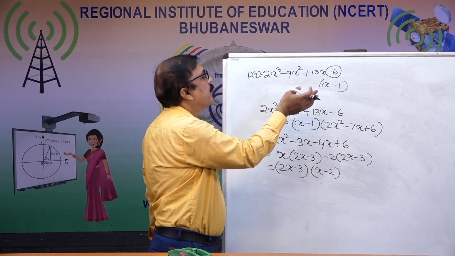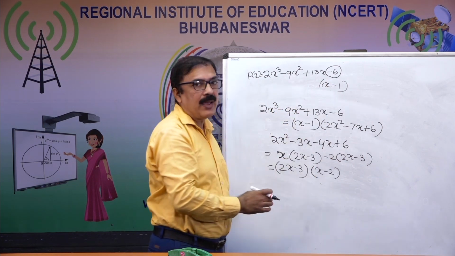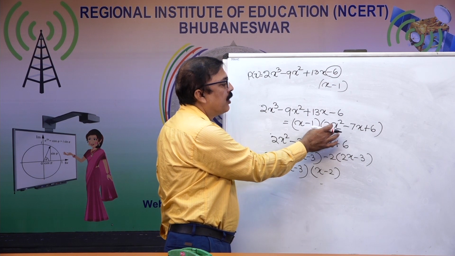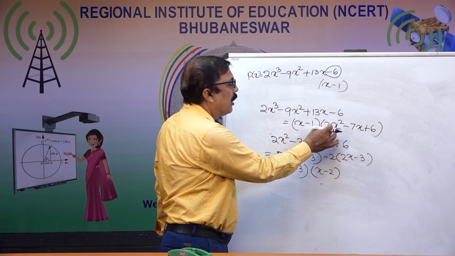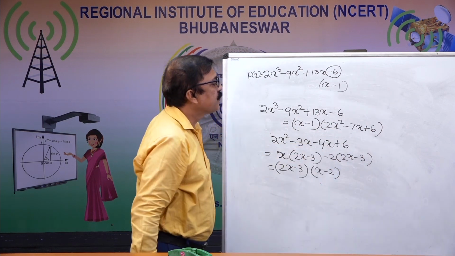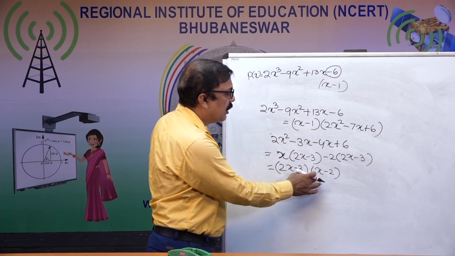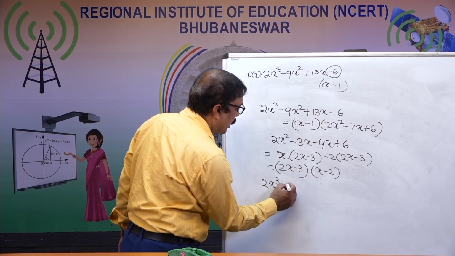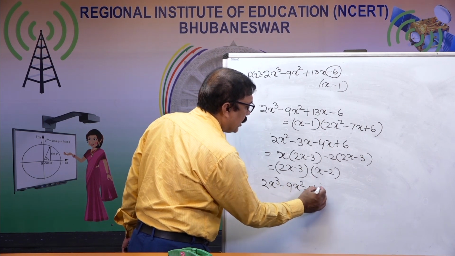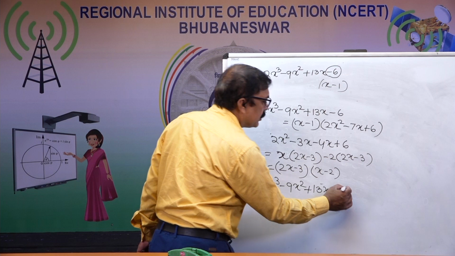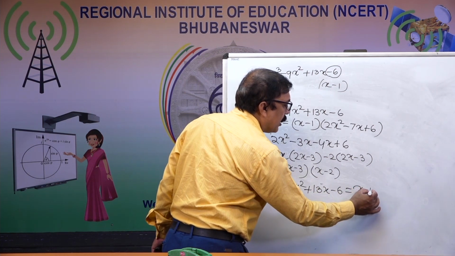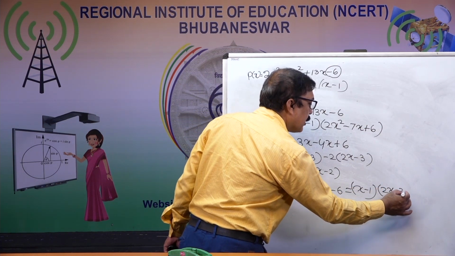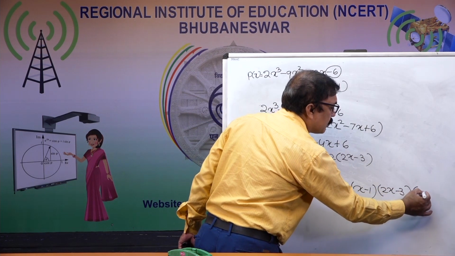First of all, we found that x minus 1 is a factor using the factor theorem. Now by splitting the middle term, we find the polynomial 2x square minus 7x plus 6, its factors are 2x minus 3 into x minus 2. So we can write that 2x cube minus 9x square plus 13x minus 6 is equal to x minus 1 into 2x minus 3 into x minus 2.